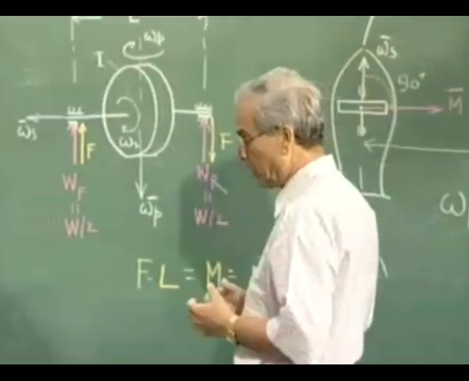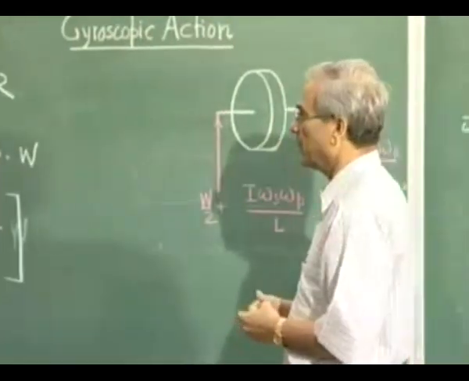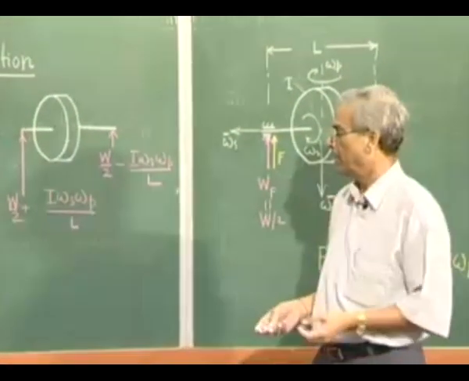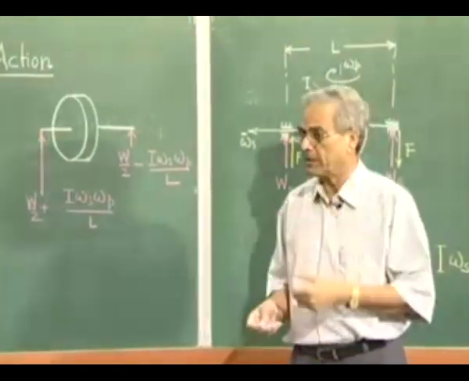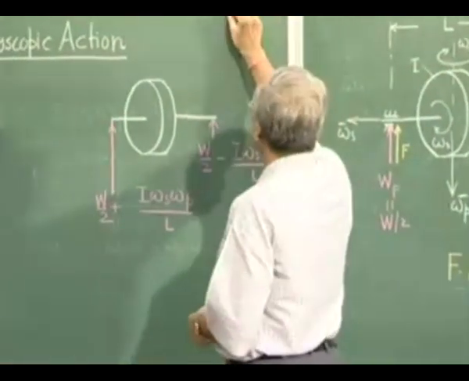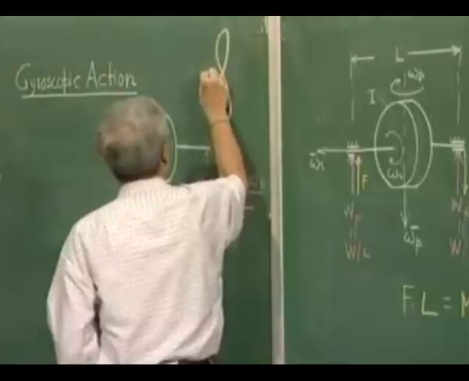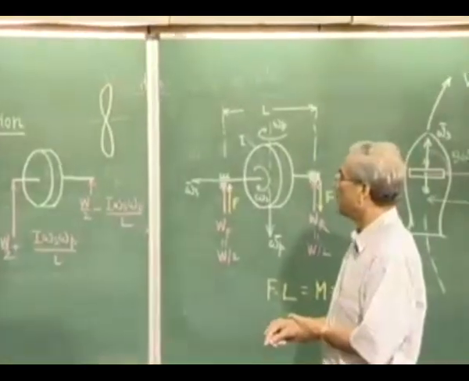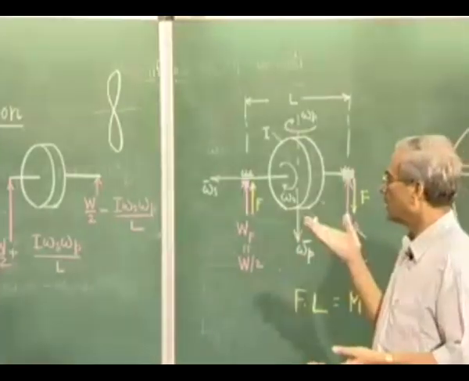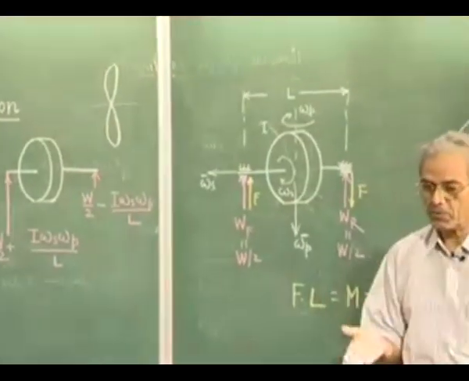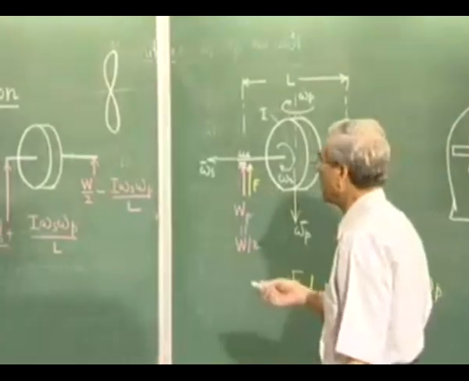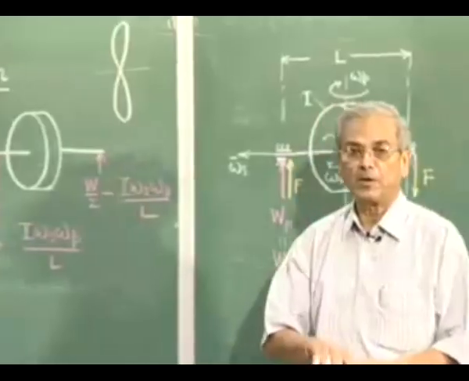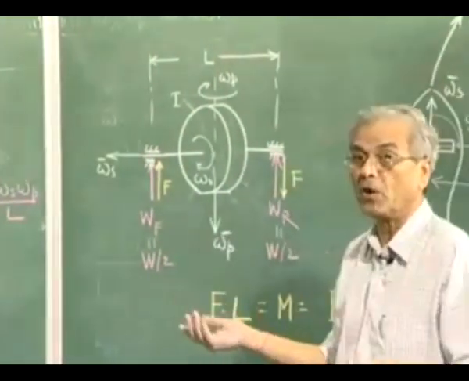Sometimes the situation is a bit more complicated. For very symmetric bodies like discs and rotors, it is fine, but sometimes we have bodies that are not perfectly symmetric, like a propeller of a plane. The propeller of a plane is not perfectly symmetric though it has an axis of symmetry. In such cases it can be shown that the gyroscopic action is not a static force but a dynamic force, and the frequency of that variation is related to the spin or rotational speed of the propeller, which is normally very high.